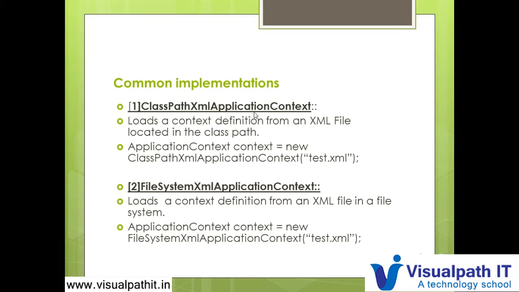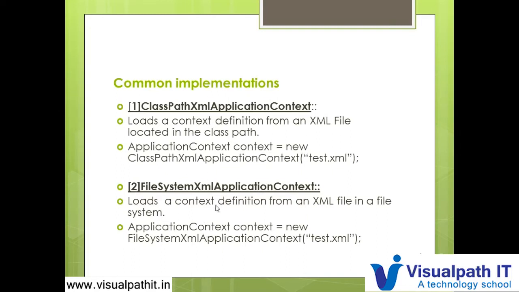What does ClassPathXmlApplicationContext do? It loads the context definition from an XML file located in the class path. So if we consider it to be test.xml, ClassPathXmlApplicationContext loads the definition from this XML file. As we always use the term injecting in Spring, we inject from this XML file into this context.